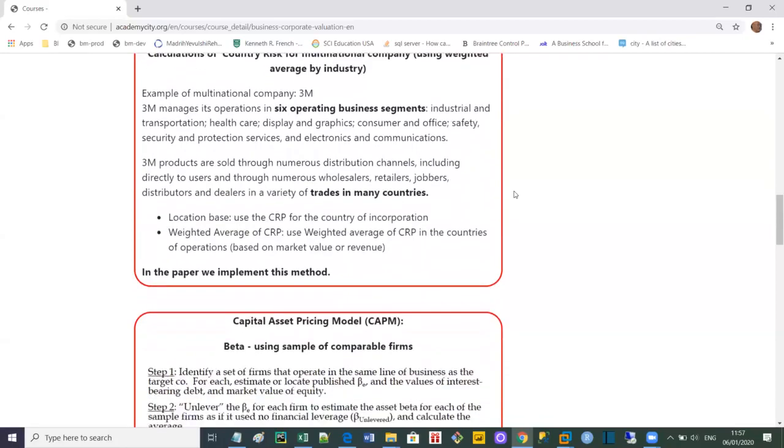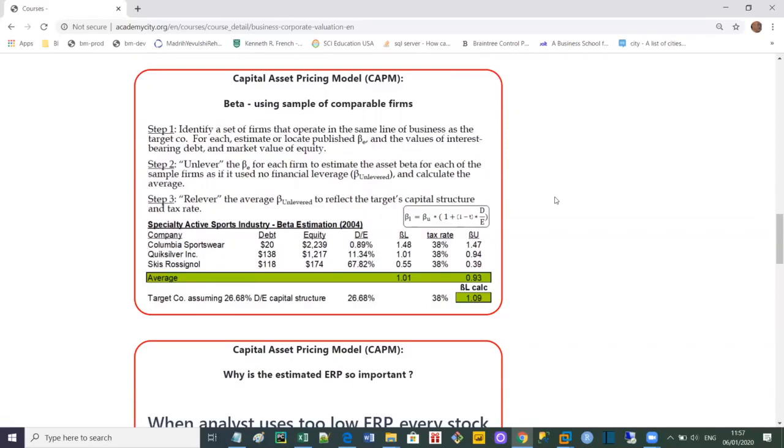The second method is to use comparable companies. For example, if I'm estimating for a target company, and I have 3 companies that I identify as comparable. Identifying a company as comparable is a task by itself.